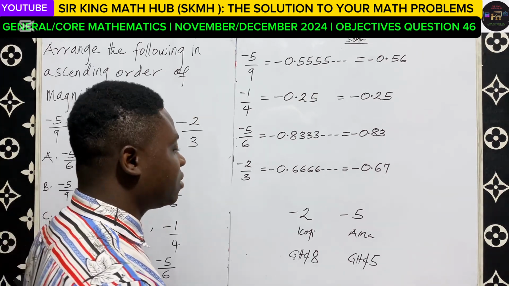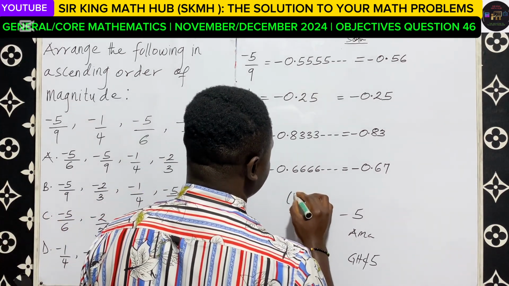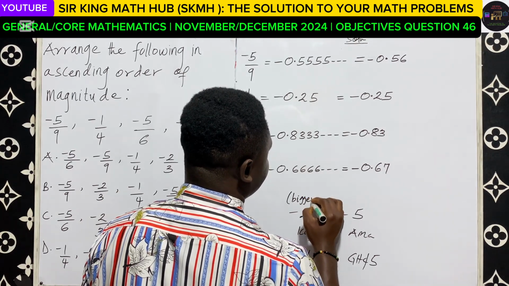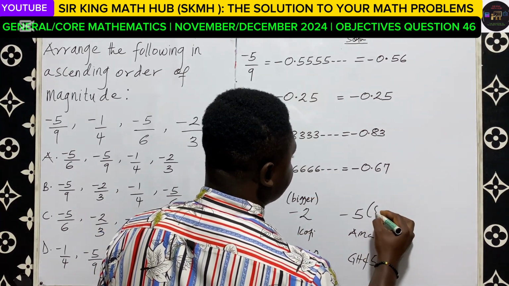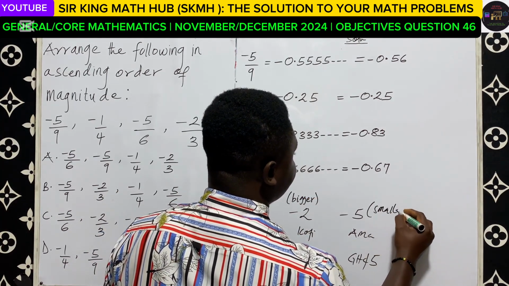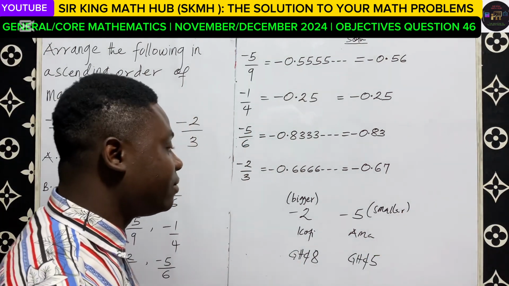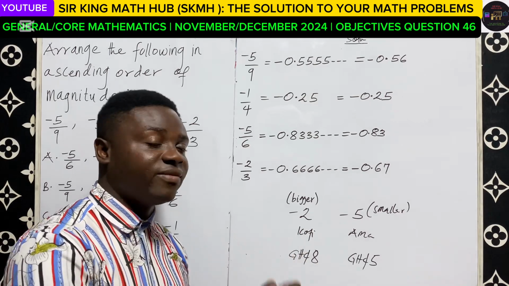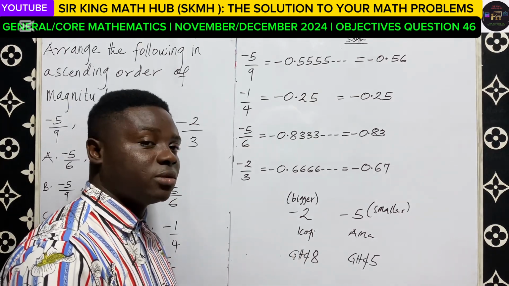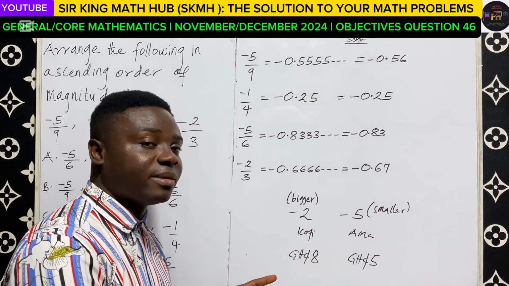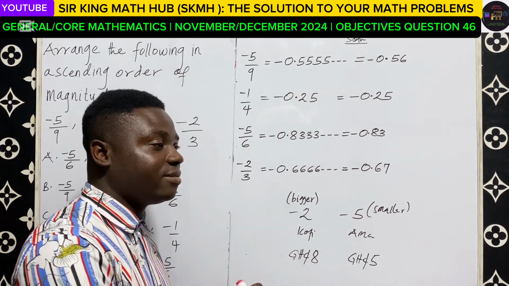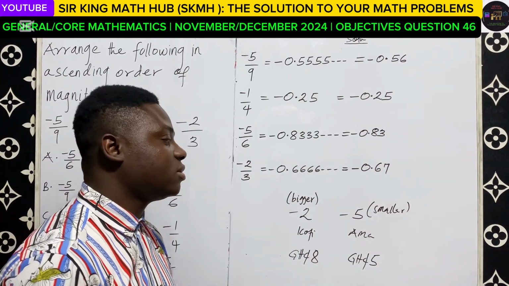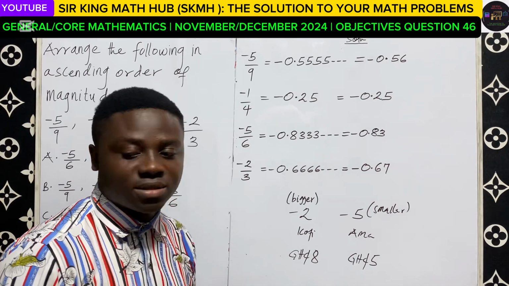Because of that, -2 is bigger and -5 is smaller. So for negative numbers, the smaller the number, the higher its value. That is all you need to know about negative numbers: smaller negative numbers have higher values than bigger negative numbers.